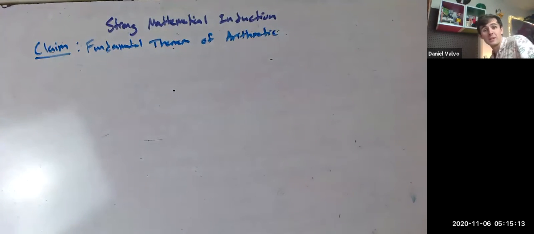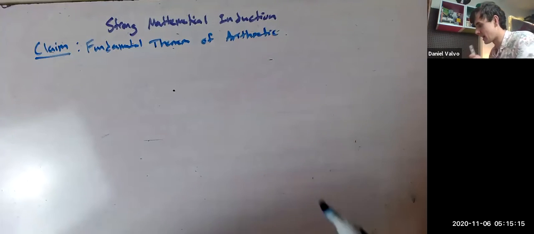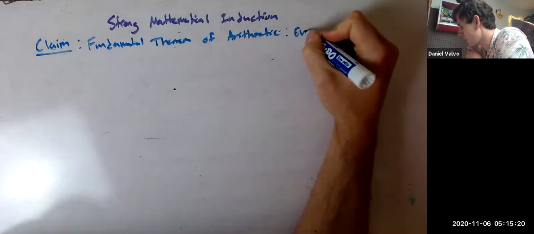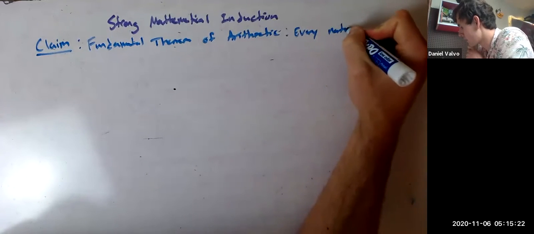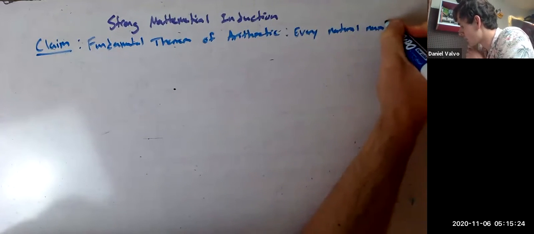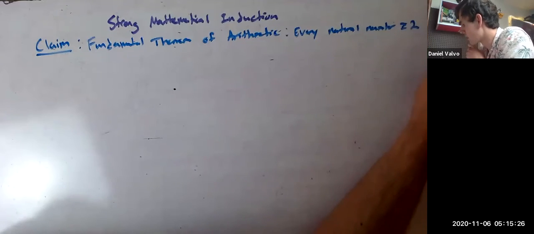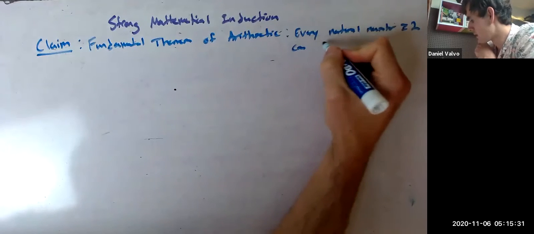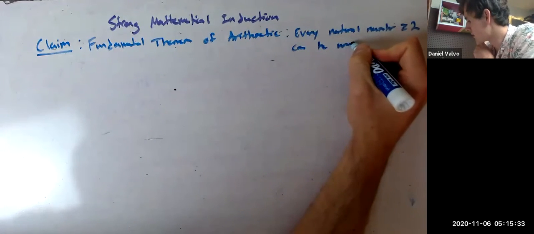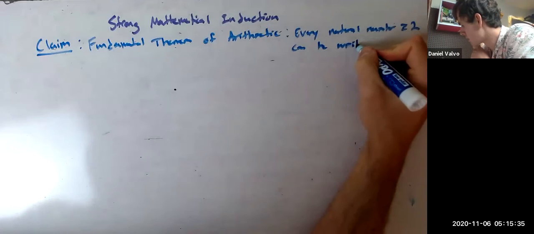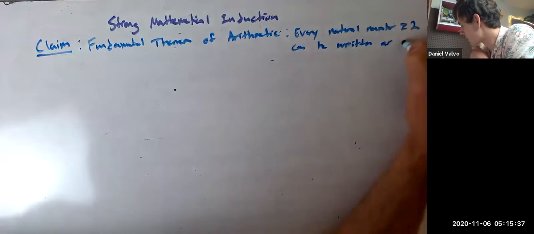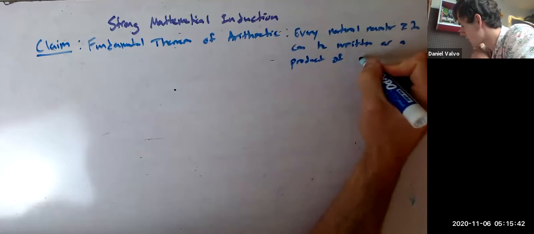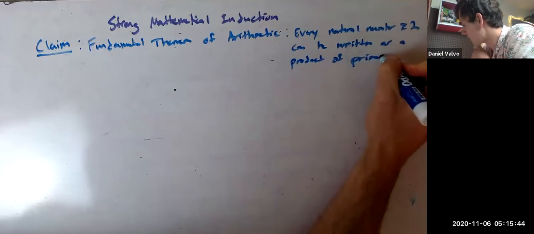This says that every natural number greater than or equal to 2 can be written as a product of primes.